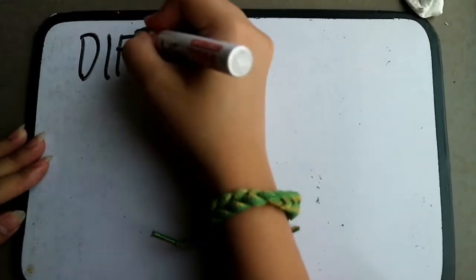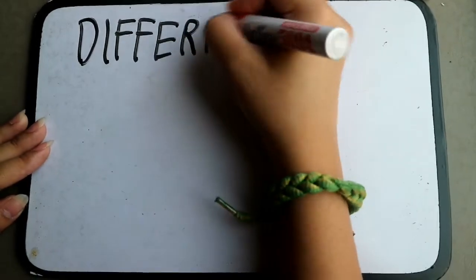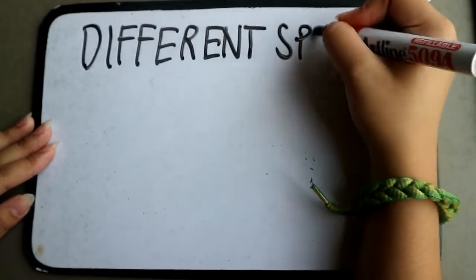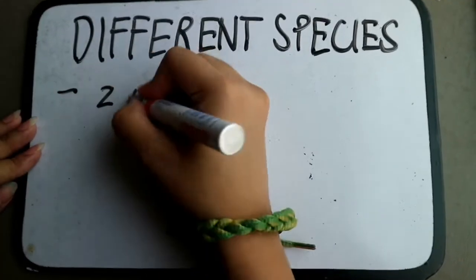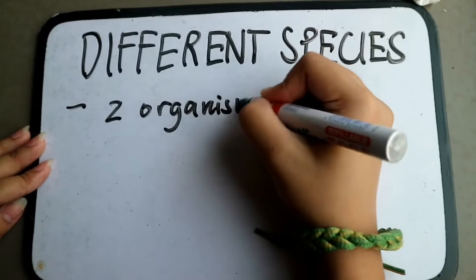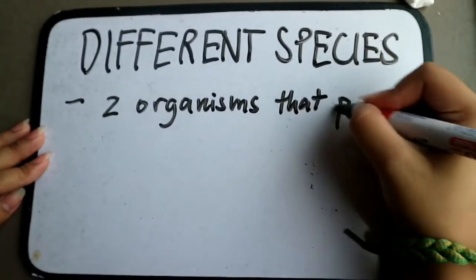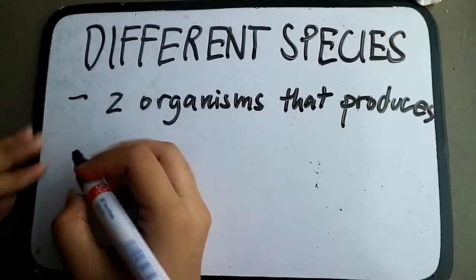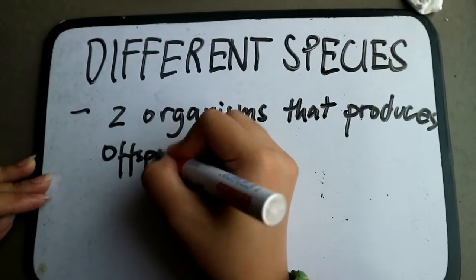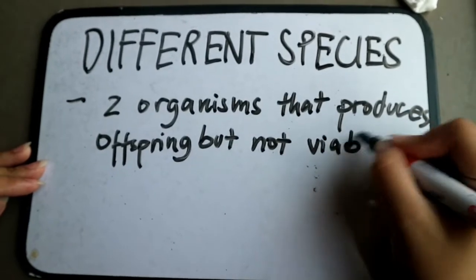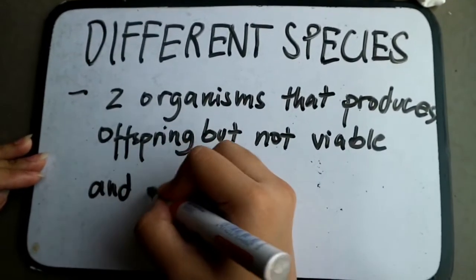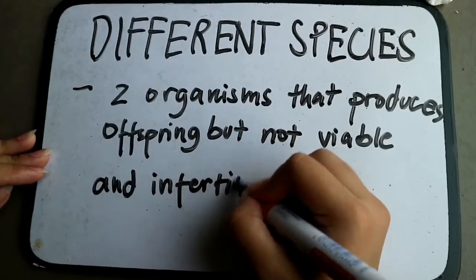Different species is two organisms that produce offspring but not viable and infertile offspring.